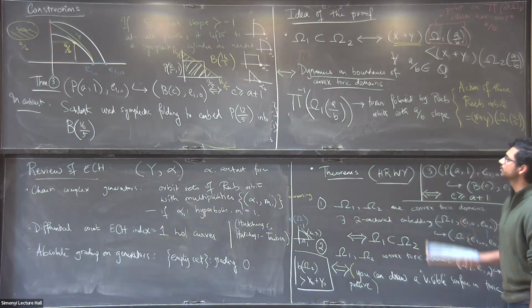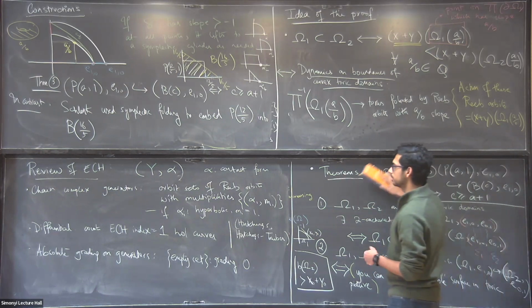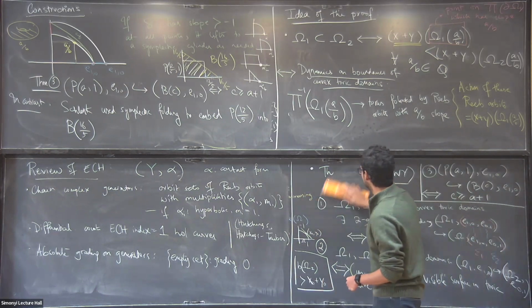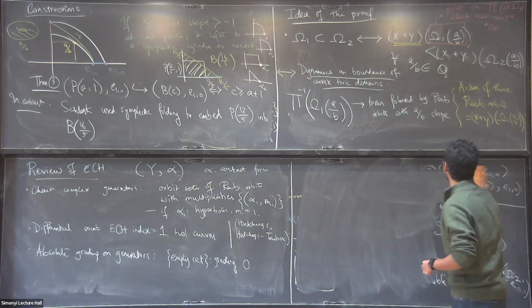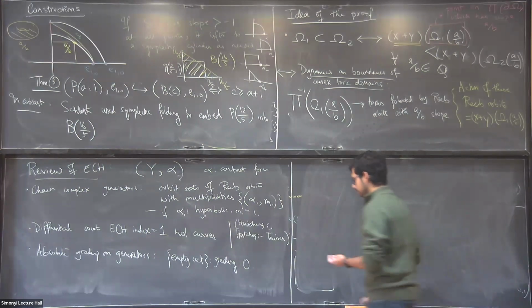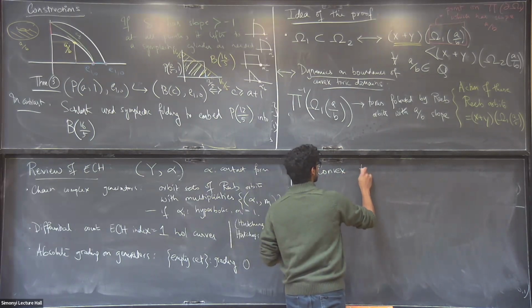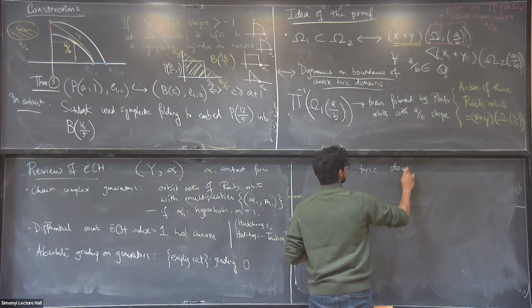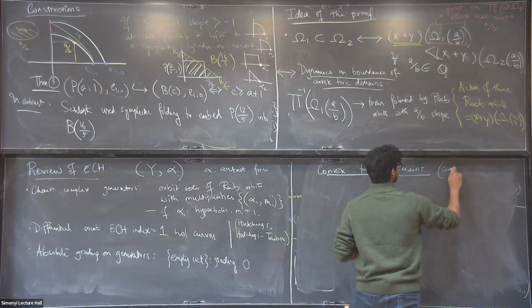What works for us is that for convex toric domains, there's a combinatorial way to look at these ECH generators and compute their actions.